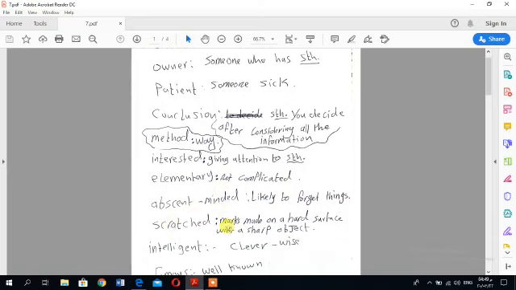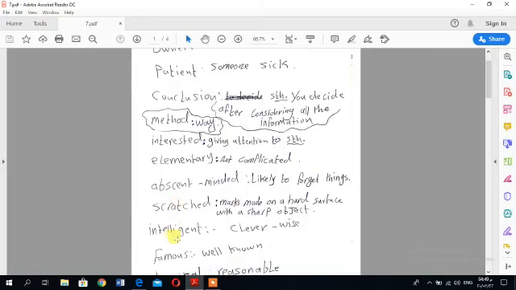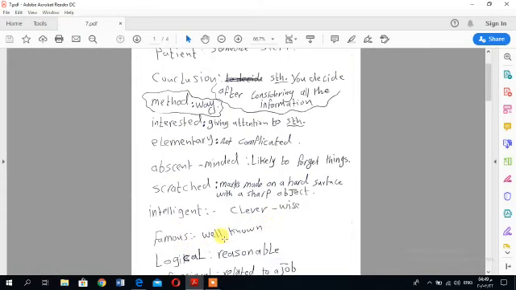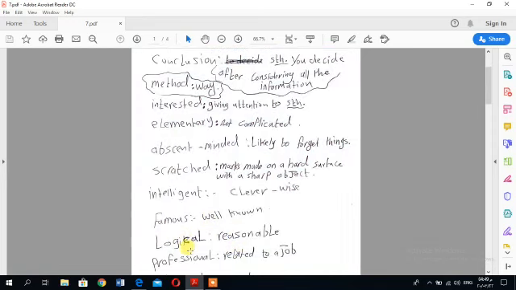Scratched, marks made on a hard surface with a sharp object. In Arabic it means خدوش. Intelligent, clever or wise. Famous, well known. Logical, reasonable. And we mean by it منطقي.